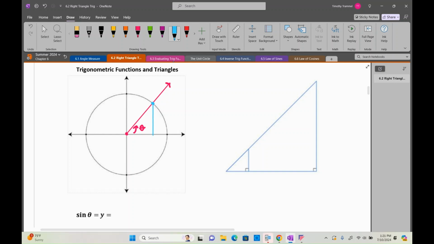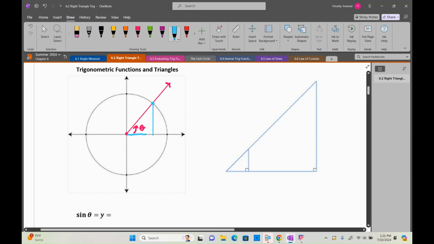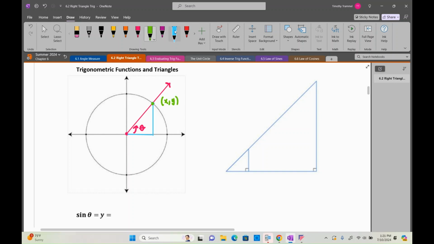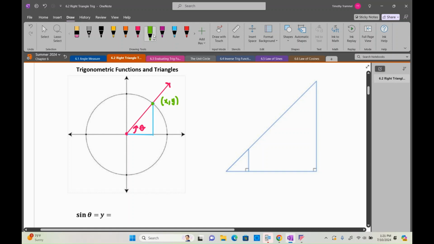This is what we did when we were filling out the unit circle, imagining a triangle like this. And if we know that this point up here is, say, x comma y, well, then we know the height of this triangle is y. I'm going to write that in here. And we know that its base is length x.